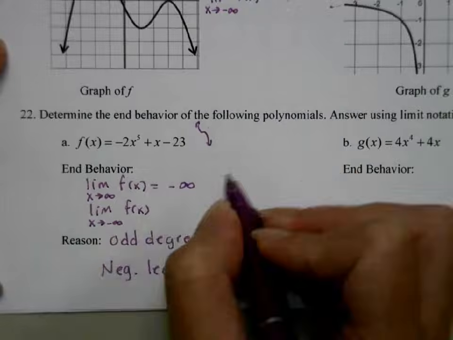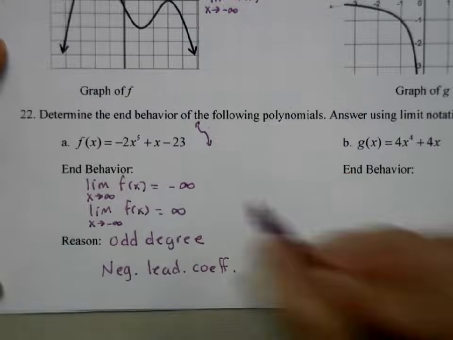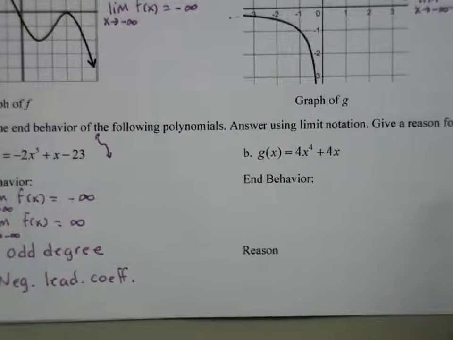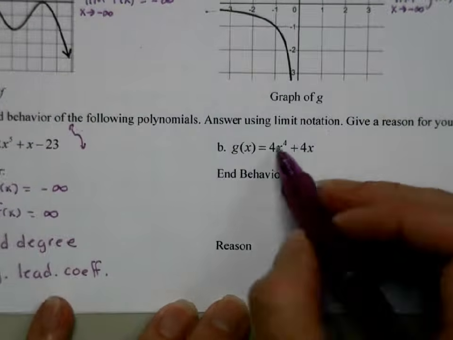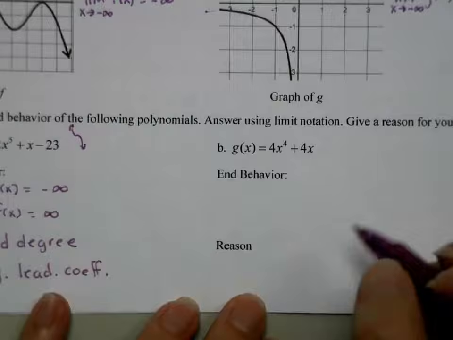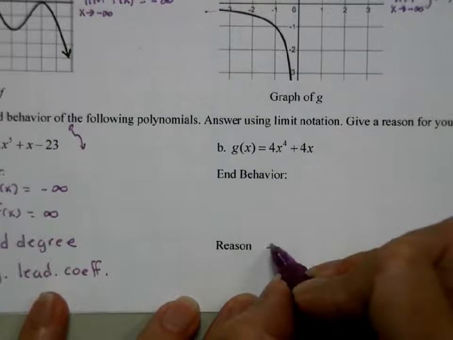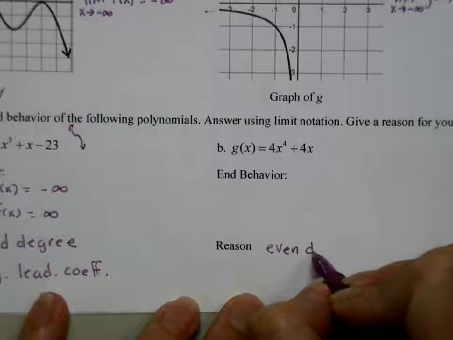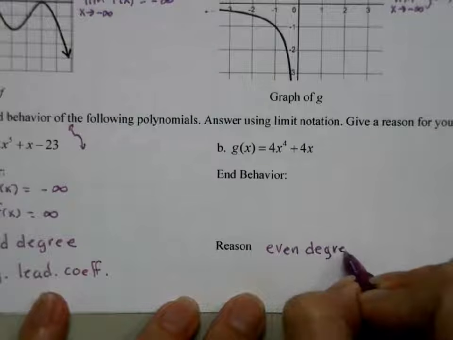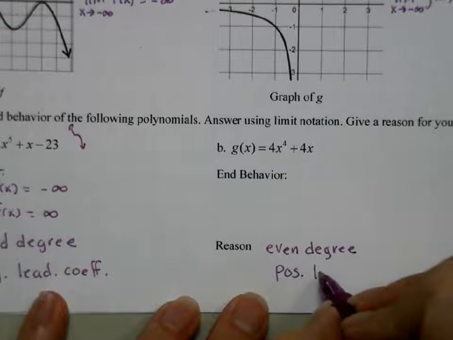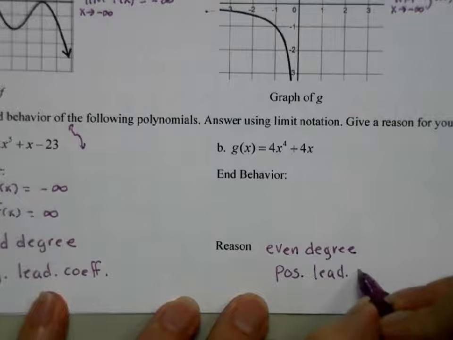Our last problem here I'm going to start with the reason, because that's what I'm going to work with. I have an even degree and a positive leading coefficient. Okay, so my end behavior, so this will look like that.